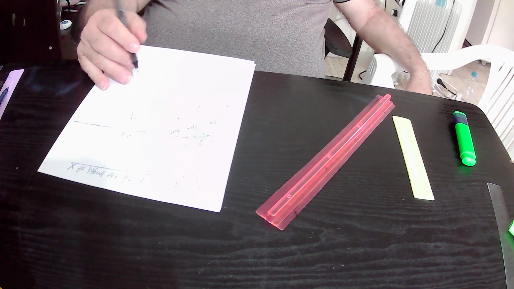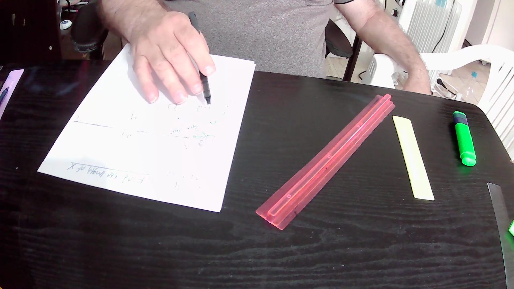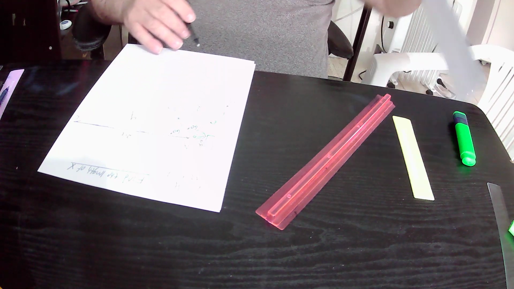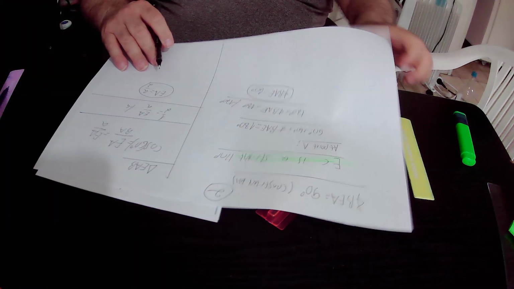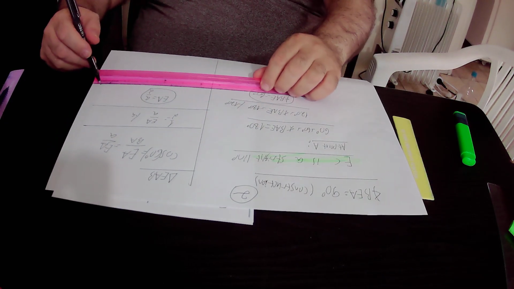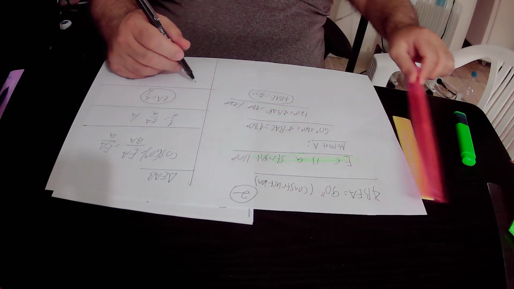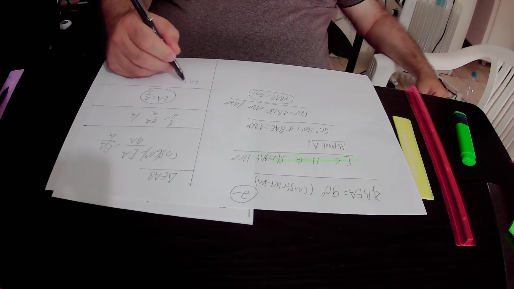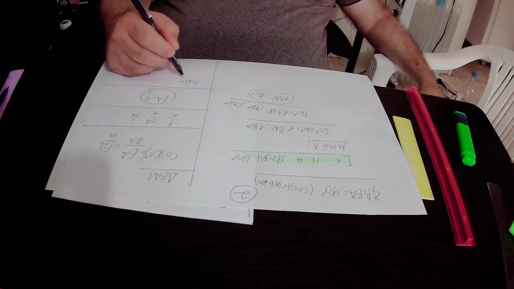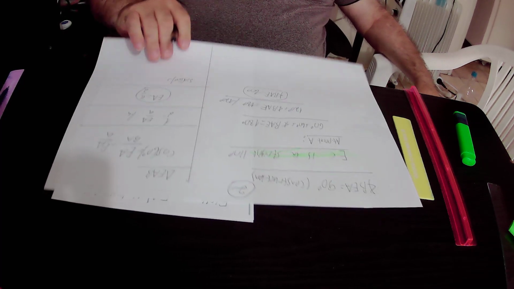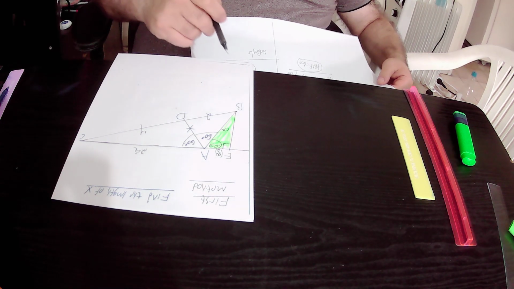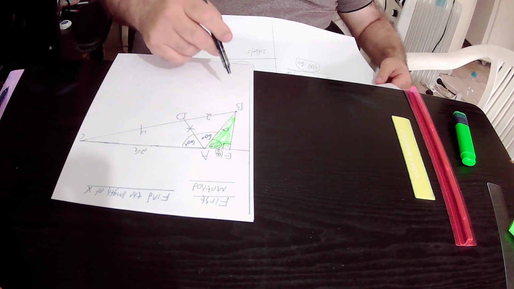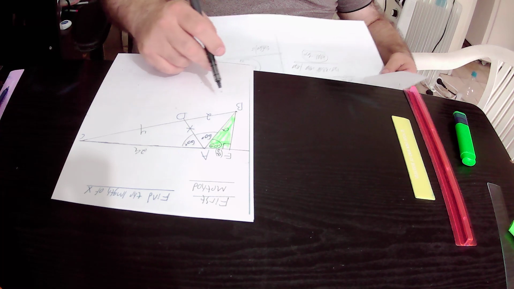And we'll continue to focus on the green right triangle EAB. On the green right triangle EAB, sine 60 degrees equals EB over BA.